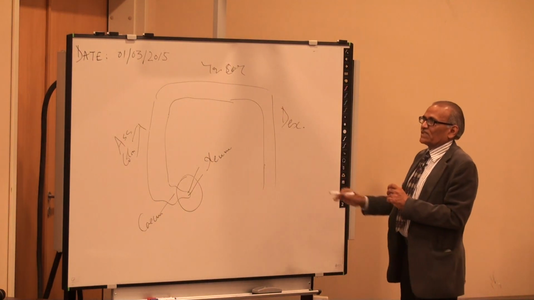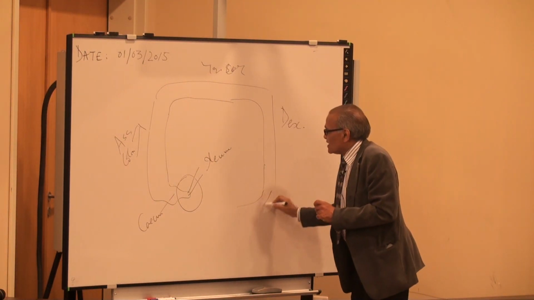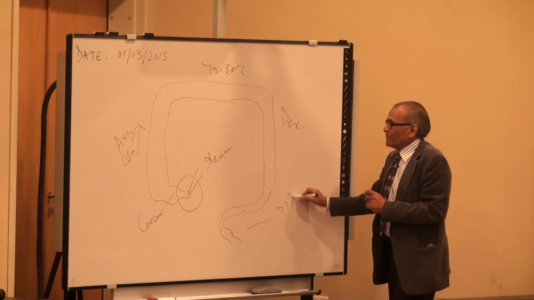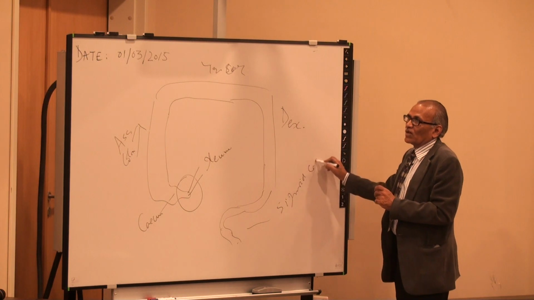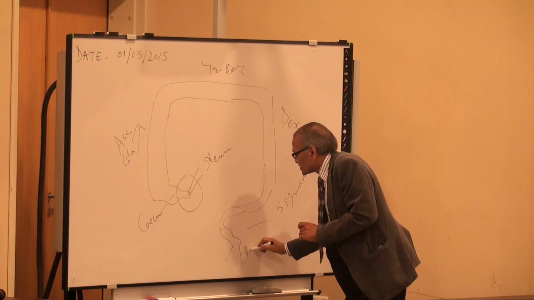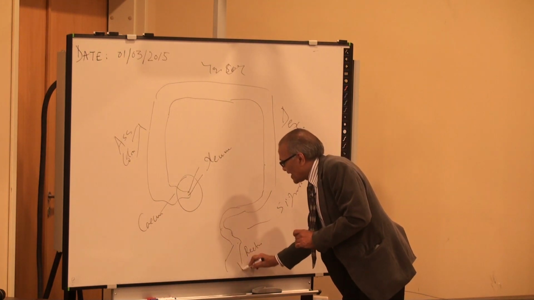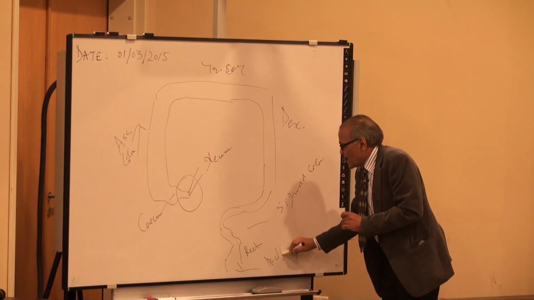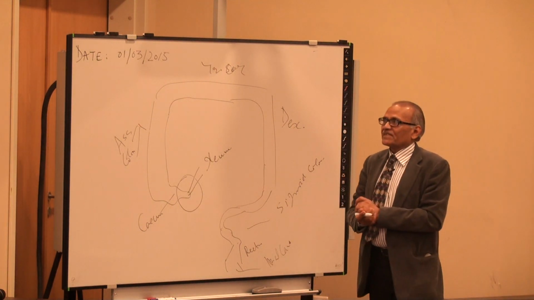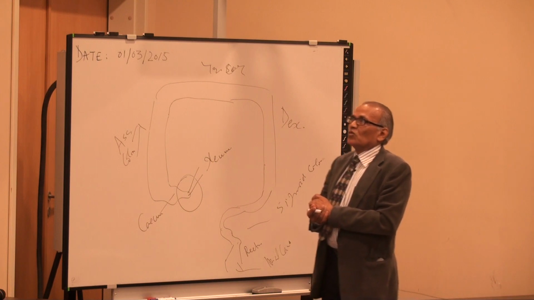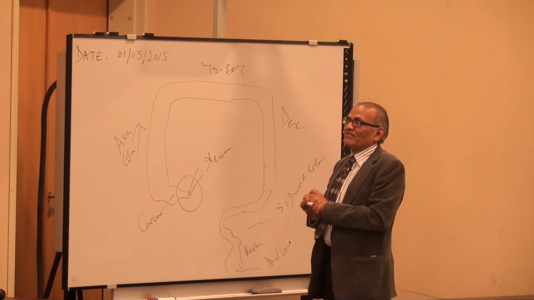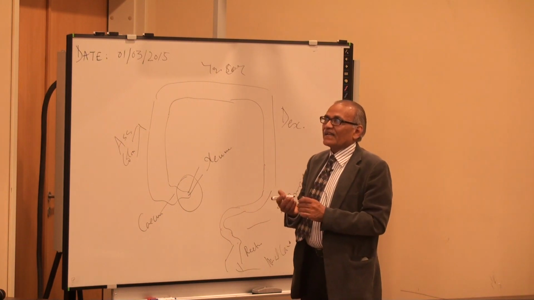These 3 portions lead into an S-shaped sigmoid colon, and this sigmoid colon will end into the last portion, the rectum, which will end into the anal canal, and the opening for this anal canal is the anus for the purpose of defecation. Now this tube, the large intestine, has certain qualities by which we recognize it. Next slide please.